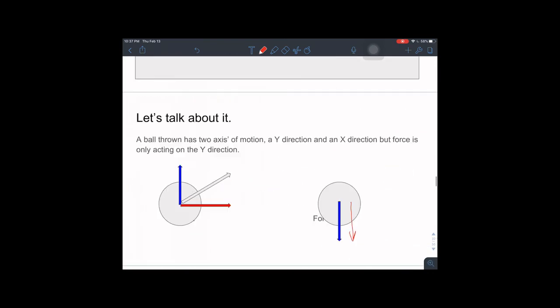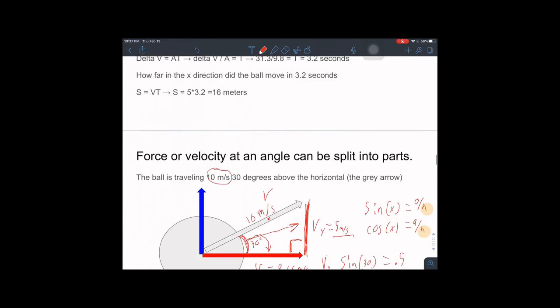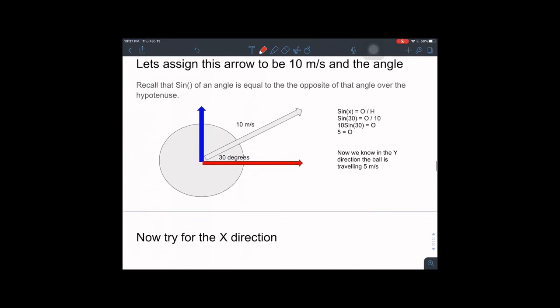If the y component is 5 meters per second of a ball being launched at an angle, the y component of the ball as it reaches the same plane will be 5 meters per second as well.